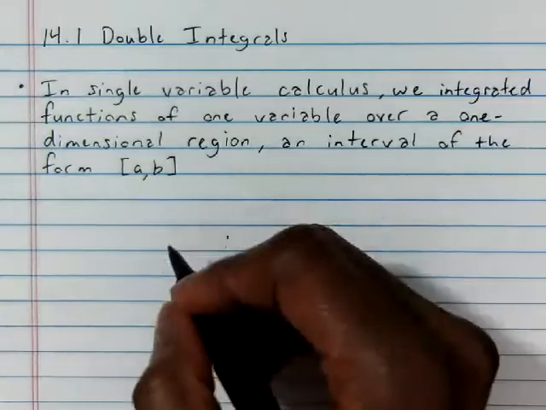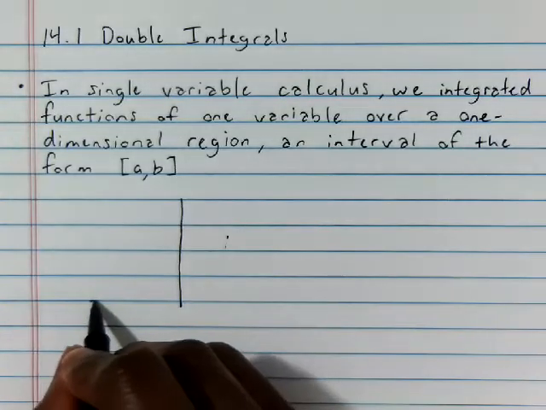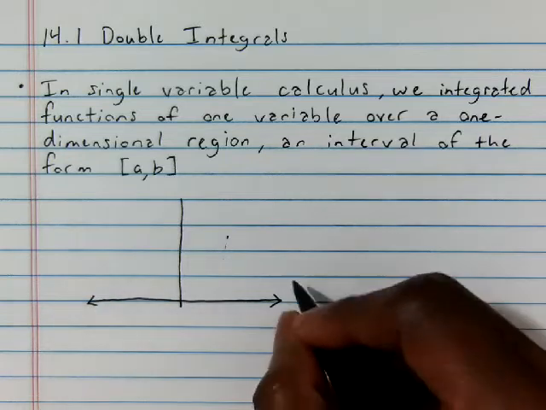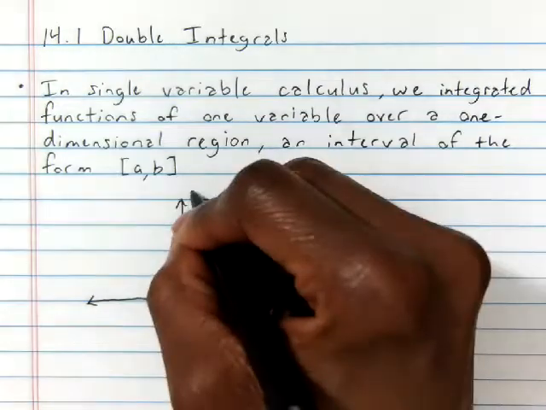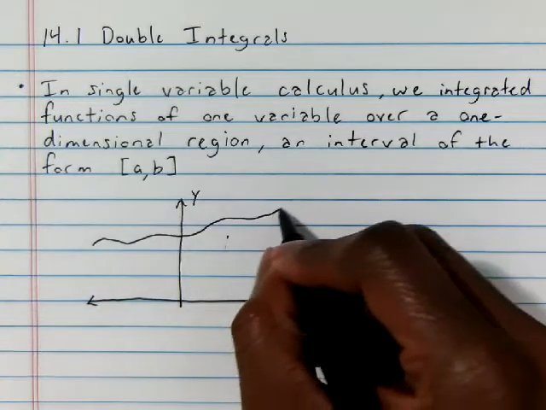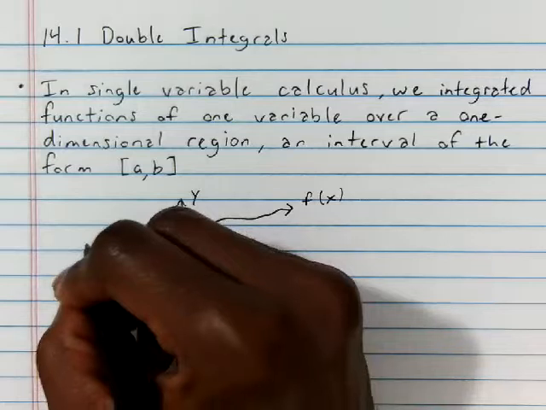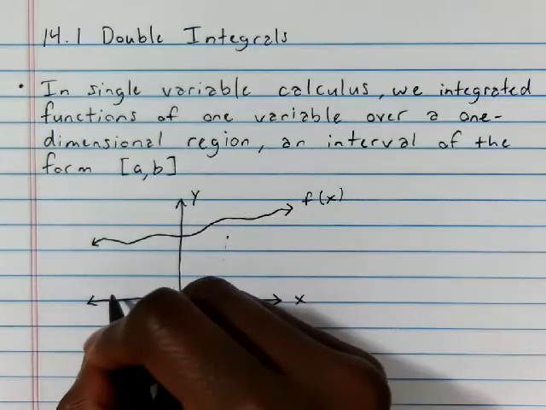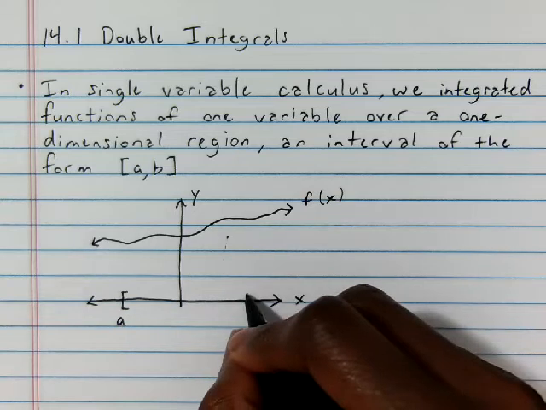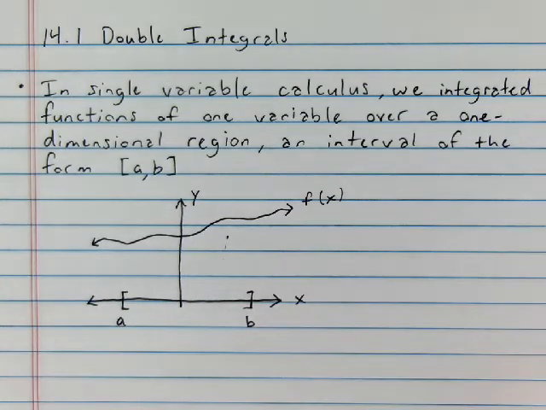So we would just have, say for instance, in the xy plane, some continuous function f of x. And then what we do is we integrate that continuous function over some closed interval from a to b.